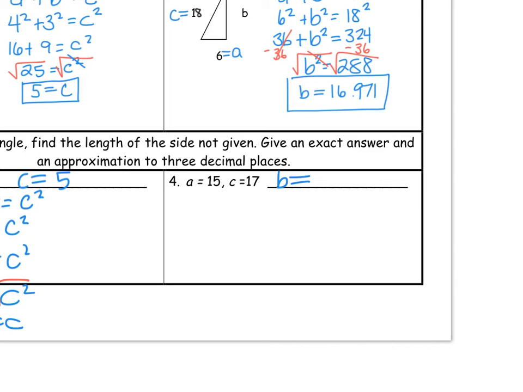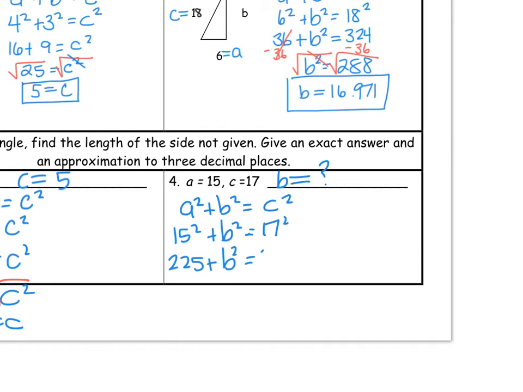In number 4, we are missing a leg. So Pythagorean theorem, a squared plus b squared equals c squared. Plug in what we know. Square what we have. 15 squared is 225. 17 squared is 289.